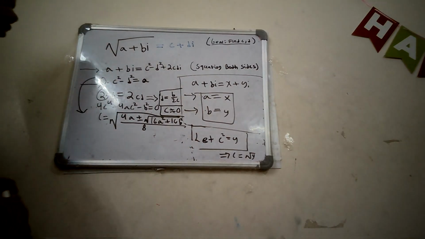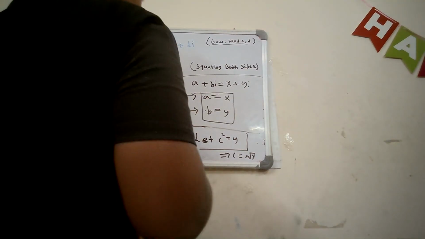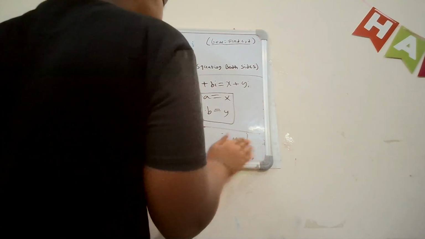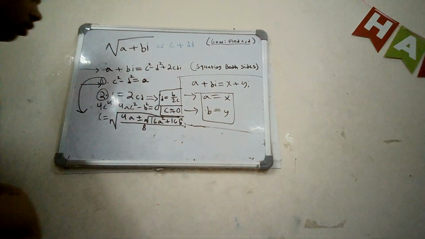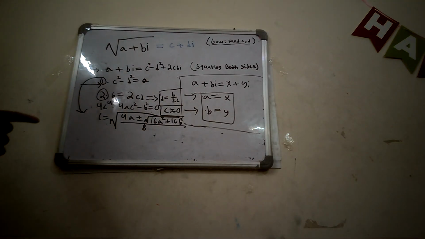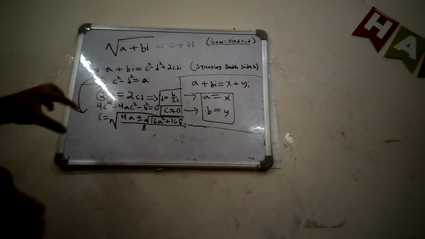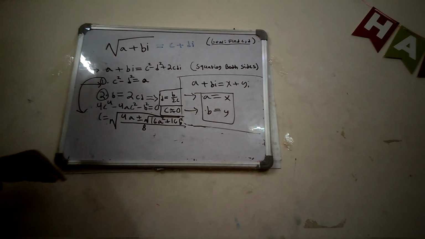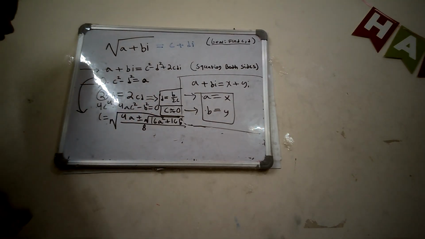So look, now what we're gonna do is we've done all the substitutions. We found c now. Now we're just gonna simplify this expression. Then we're gonna substitute this into d. But look, we're not gonna take the square root of this. I'm just gonna break this down.